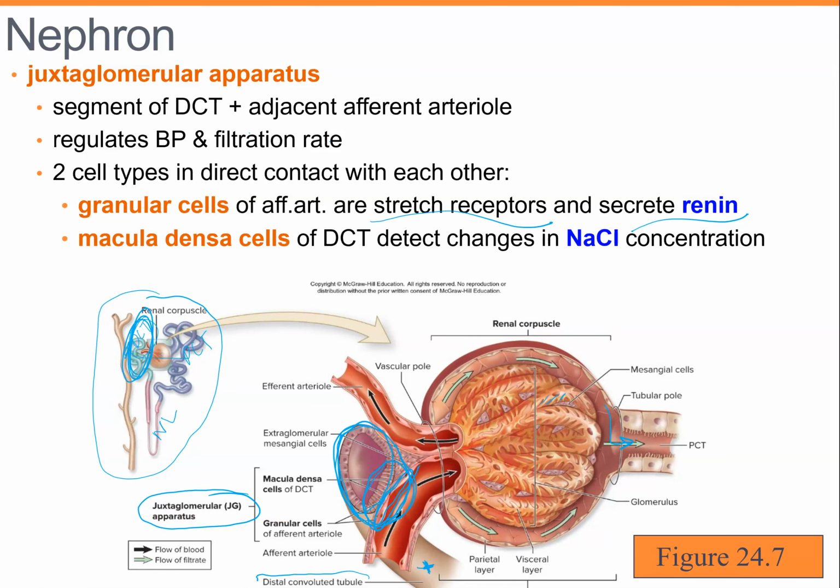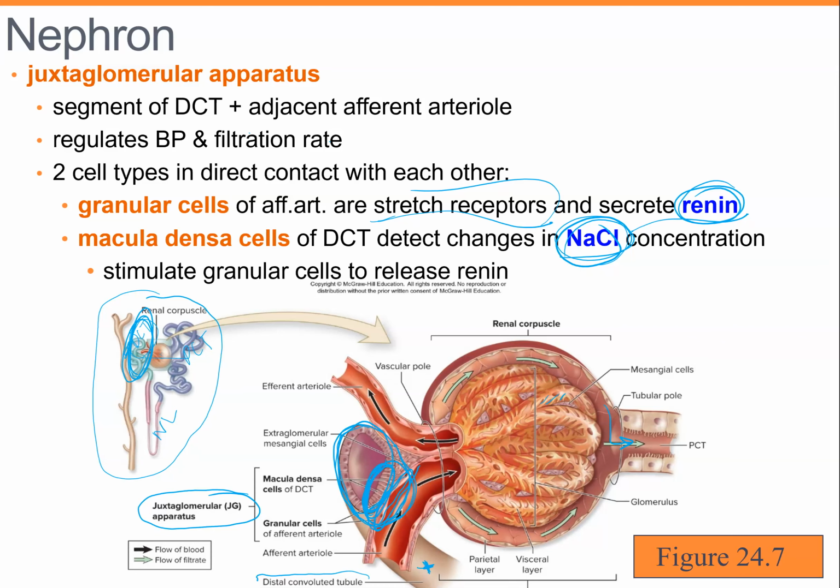And then your macula densa cells are these columnar-shaped cells right here in the distal convoluted tubule. Those are going to monitor for changes in your sodium chloride concentration. So it's important to remember which cells secrete the renin and detect stretch, and which cells detect the changes in sodium chloride.